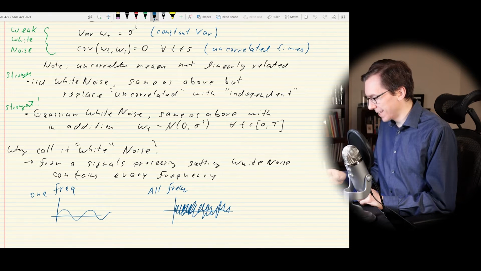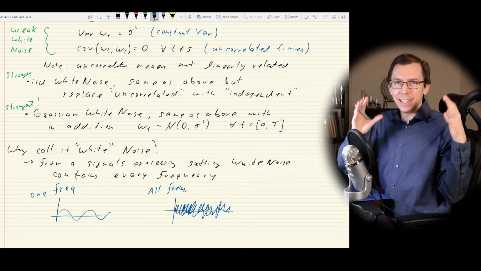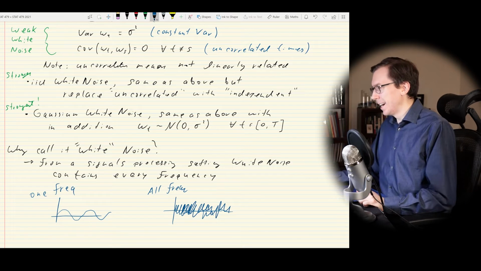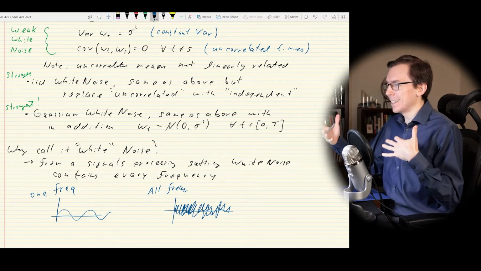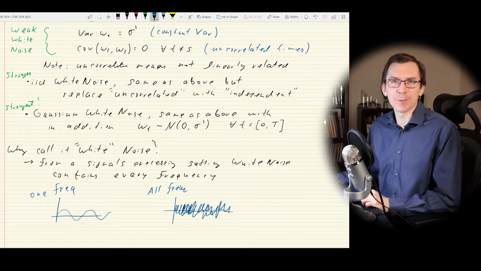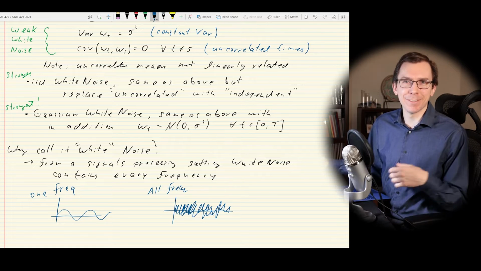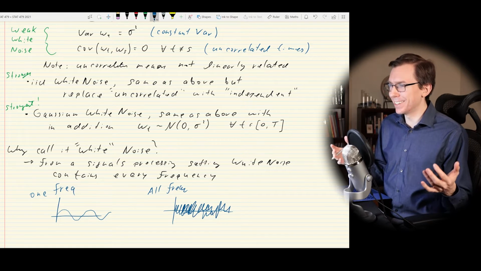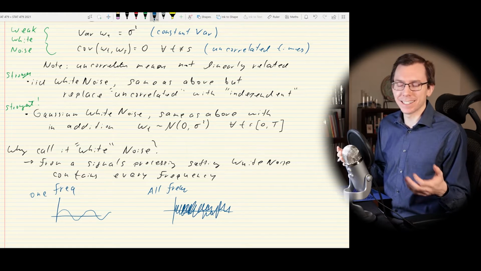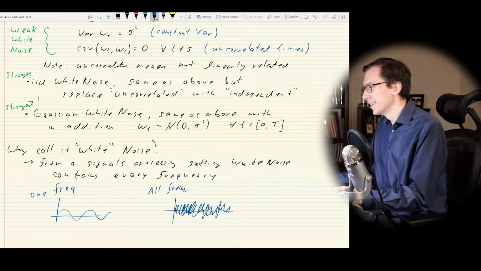It looks a little bit too regular, actually, but it's just going to look like complete chaos and noise. So in a sense, it contains all possible frequencies, but that's where the term white comes from. It's kind of like if you combine all the colored lights, you get white light.